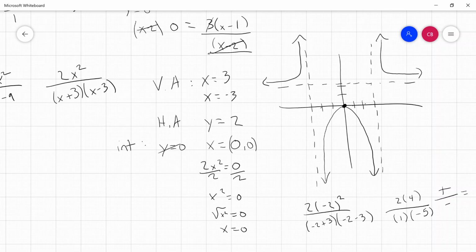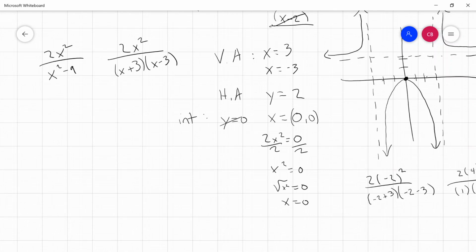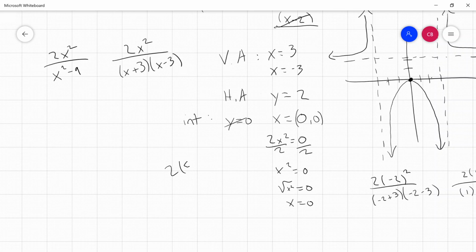And we can obviously try -5 or 5. Let's just try 5 for this case. So we have 2 times 5 squared over 5 plus 3, 5 minus 3, which is going to be 50 over 5 plus 3 is 8, and 5 minus 3 is 2, so 8 times 2 is 16.